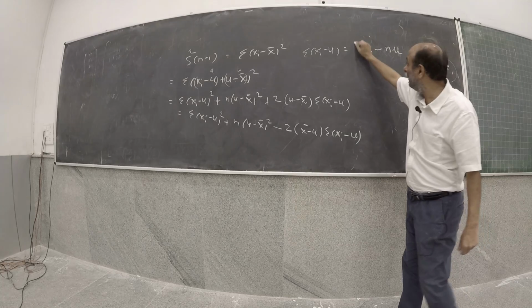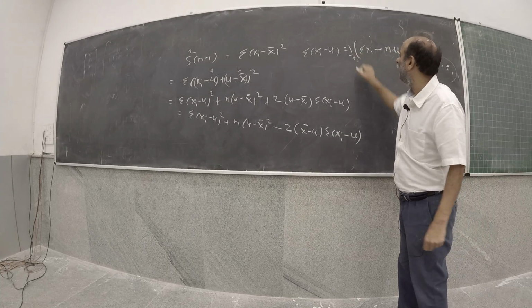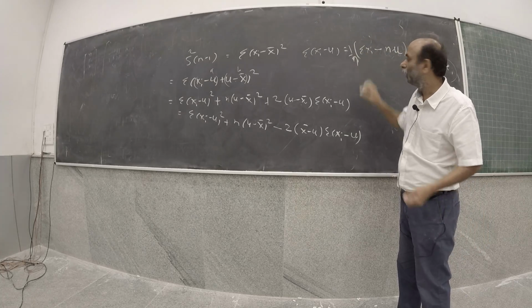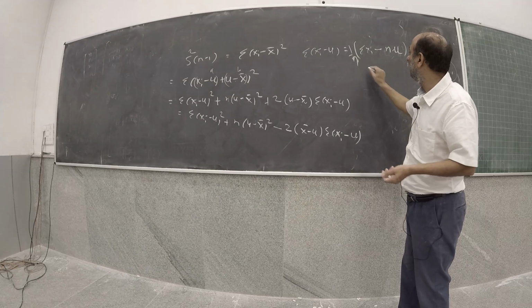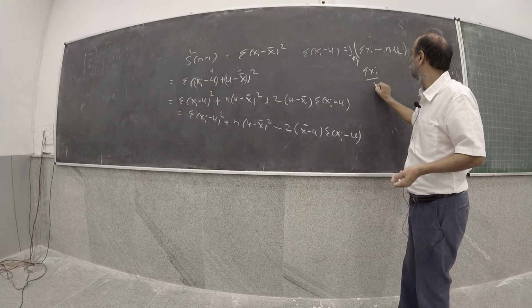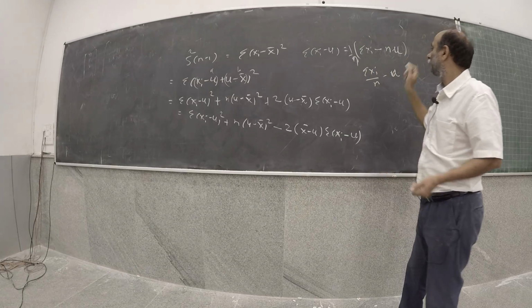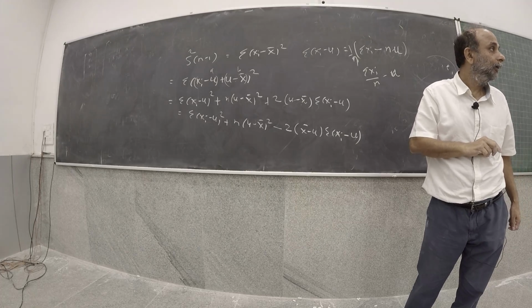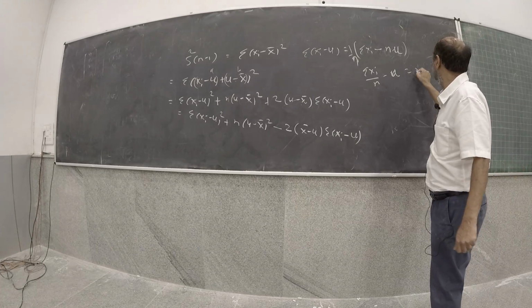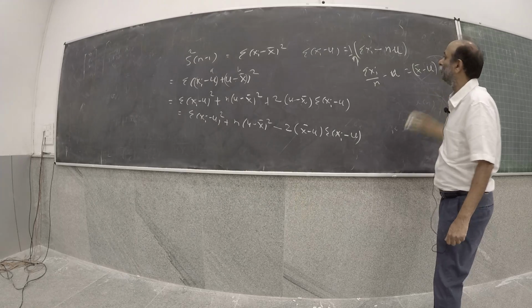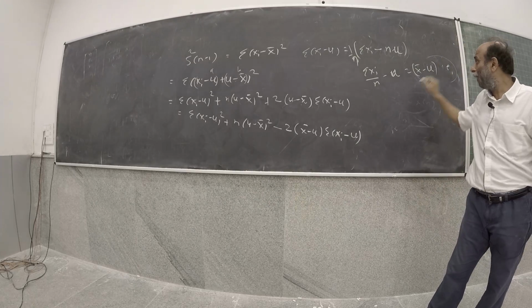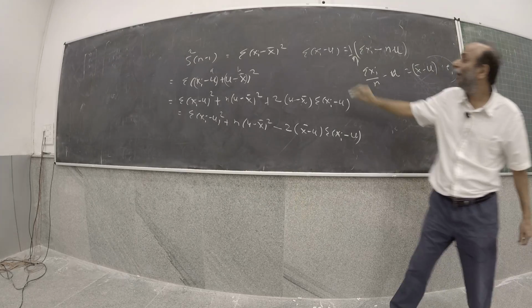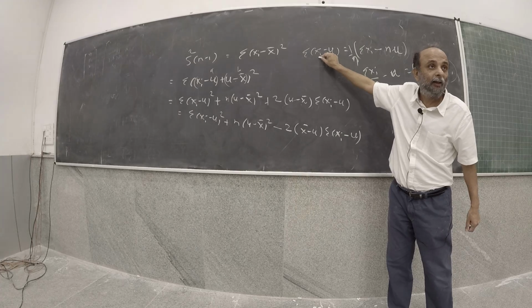So if I divided this whole thing by n, I would get minus mu. Right? Which is what? X bar minus mu. How did I get x bar minus mu? By dividing this whole quantity by n.